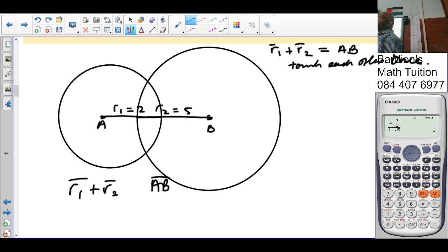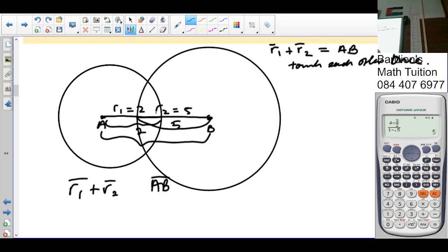That thing on top means the distance, okay? Which one is larger? Remember, from A to B. From A to the circumference is 2. From B to that circumference is 5, sorry. You see an overlap here.